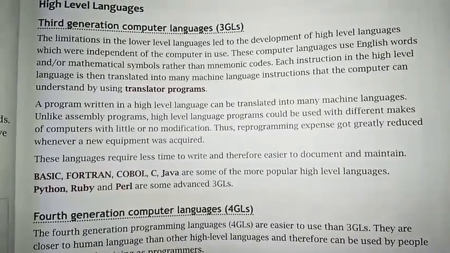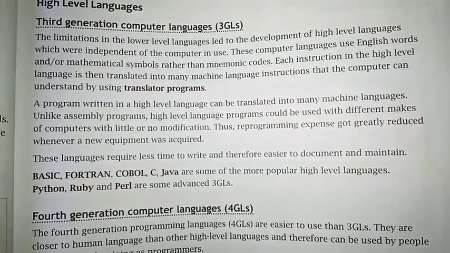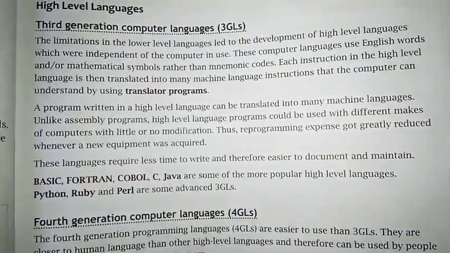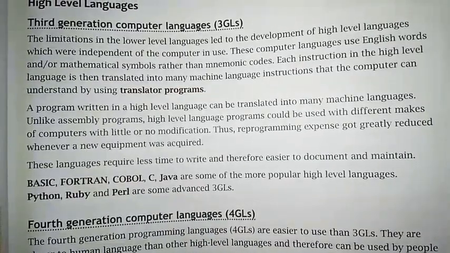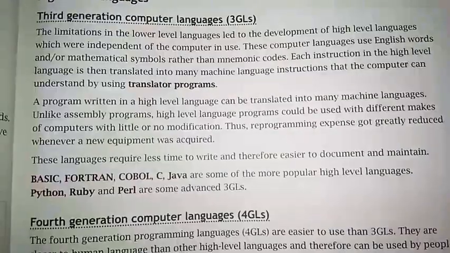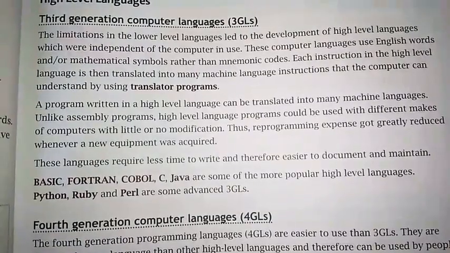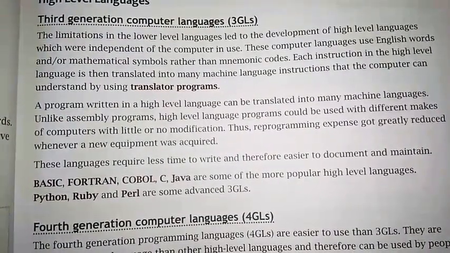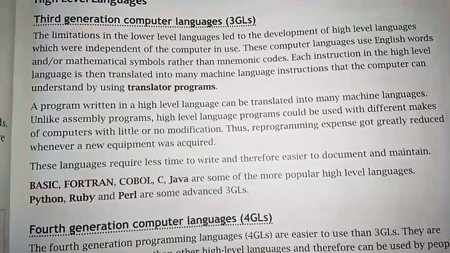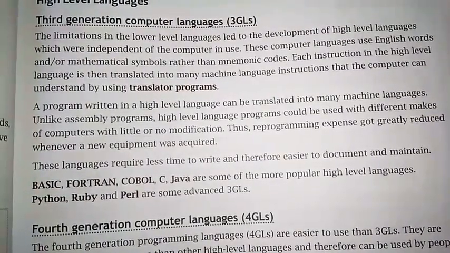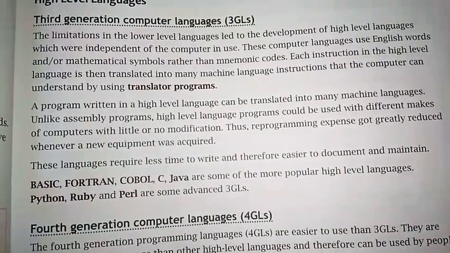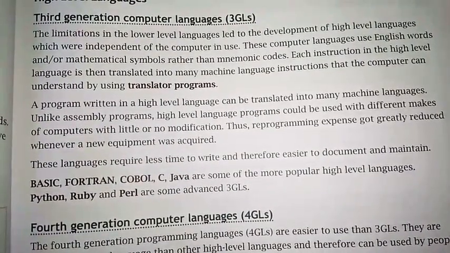Okay, unlike assembly programs, high level language programs could be used with different makes of computer with little or no modification. It means assembly programs are not used in high level language. Okay, so program could be used with different makes of computer with little or no modification. So there is no modification in third generation computers.